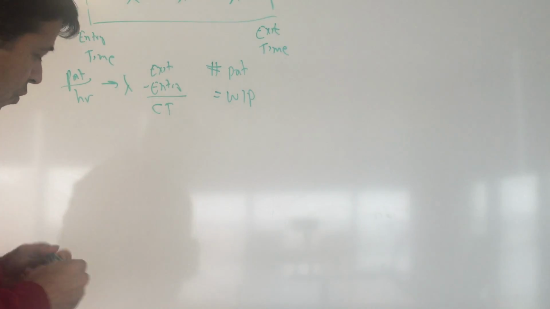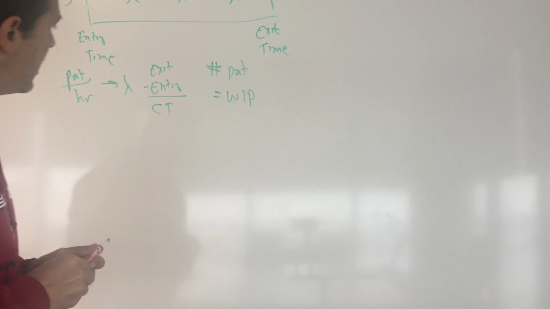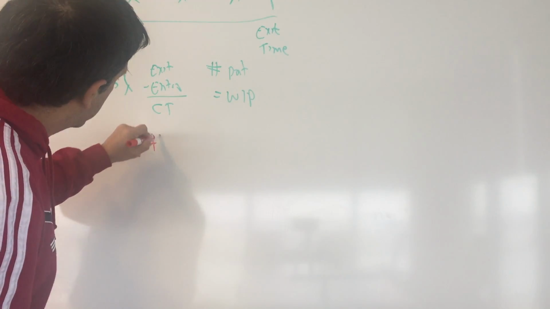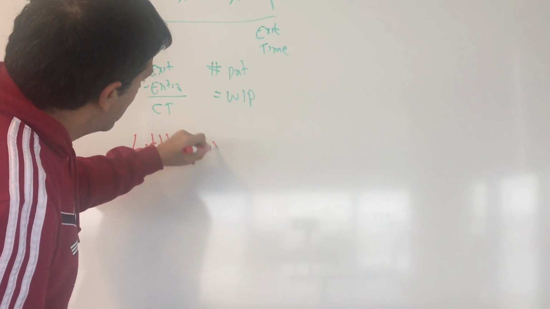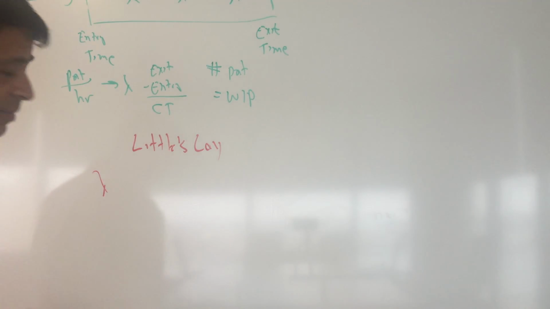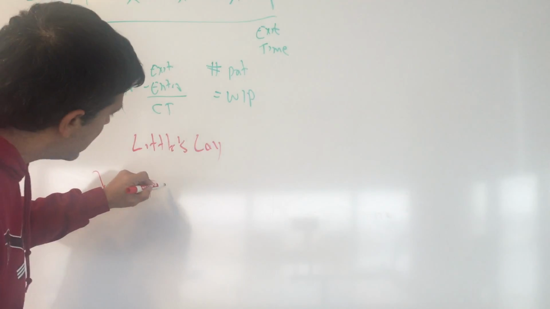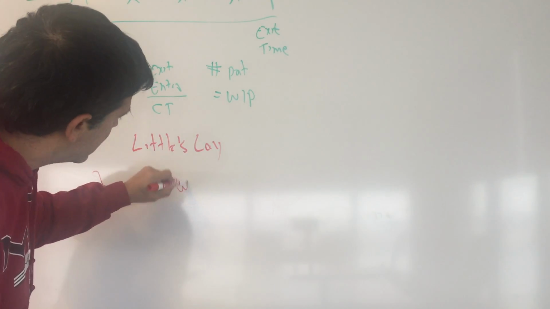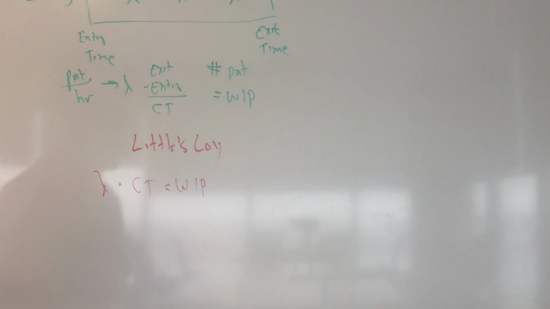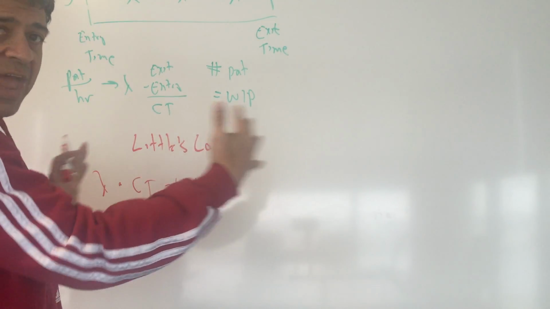So what Little's Law tells us about this kind of scenario is that on average, the arrival rate, which I've written here as lambda, times the average amount of time, my cycle time, has to equal something analogous to distance, which in this case I'm calling my work in process inventory. So rate times time equals distance on average.